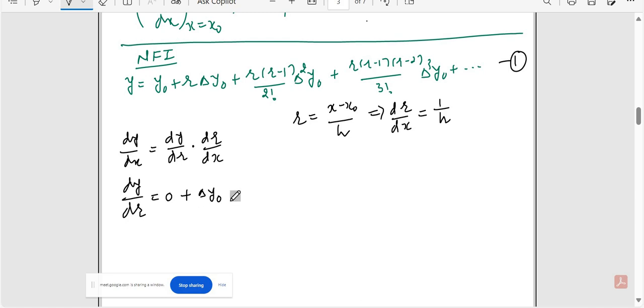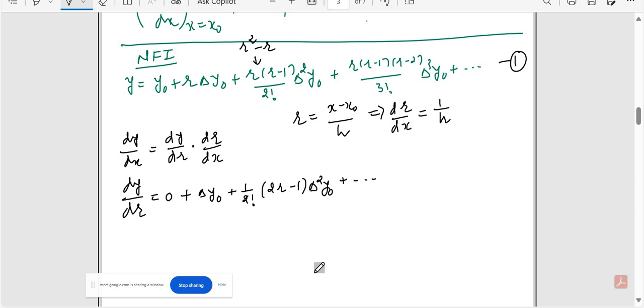Then 1 by 2 factorial is already there. Simplify this, it will be r square minus r. Differentiate it, we get 2r minus 1 into delta square y0. So can we continue in this way?